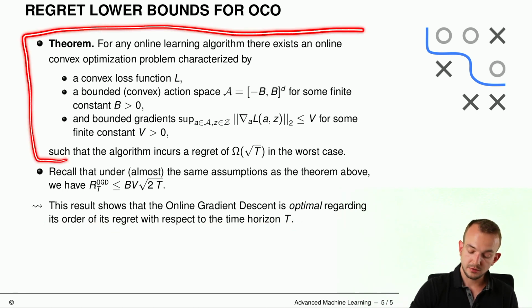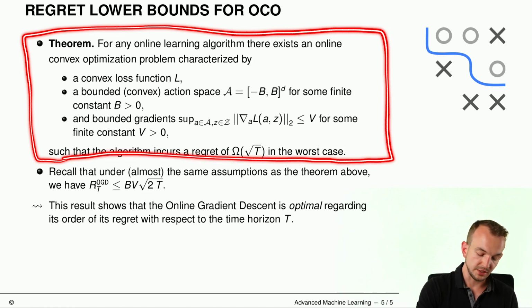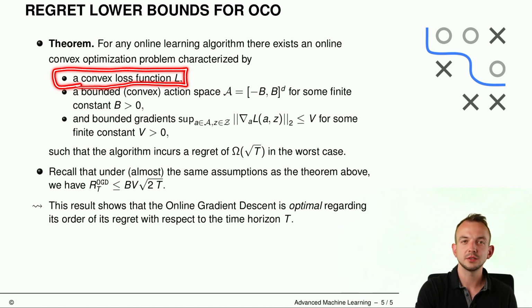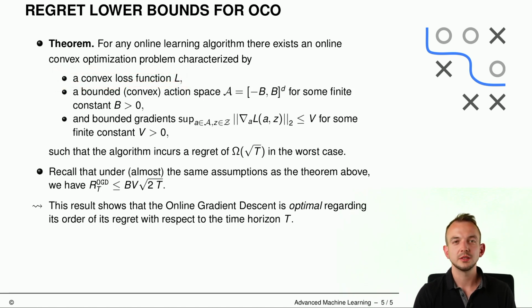For the proof of this result, in fact, you simply use a linear loss function. The convex loss function to prove this result is in fact the linear loss function, which is not surprising because the linear loss function is kind of a hard loss function to optimize over time.